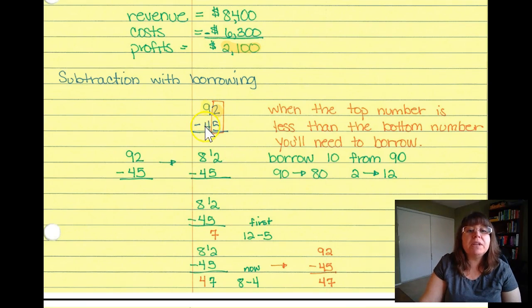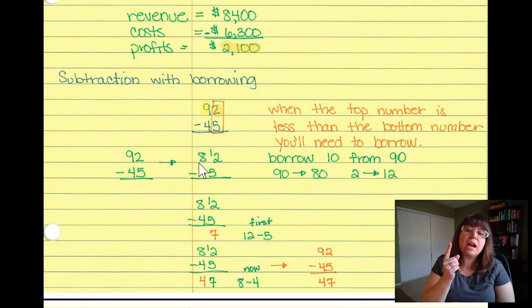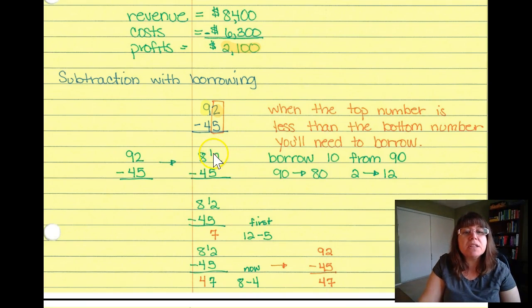So I'm going to borrow from the 9 and give it to the 2. So if I borrow 1 from the 9, that becomes an 8. But I didn't borrow just 1, I actually borrowed 10. So when I add that to the 2, it doesn't become a 3, it becomes a 12. Now I can subtract 12 and 5, which will give me 7. And then the last thing is 8 minus 4 equals 4. So I know that 92 minus 45 equals 47.